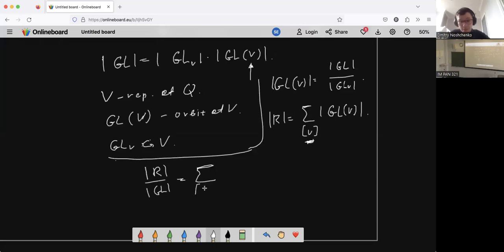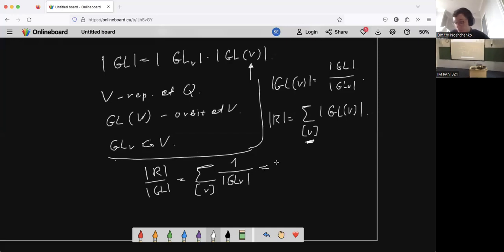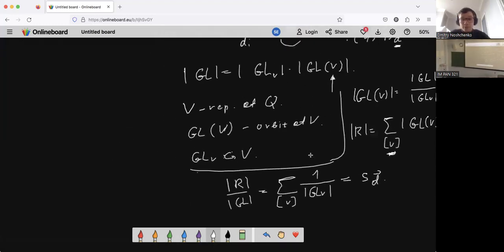So this is the sum over V. And this we want to, usually it is defined by the letter S and labeled by dimension vector. So we can now write what it is explicitly.